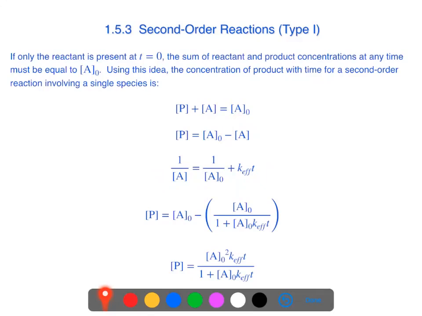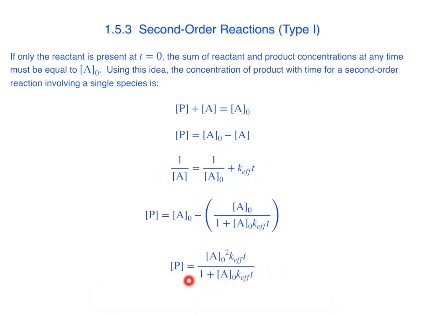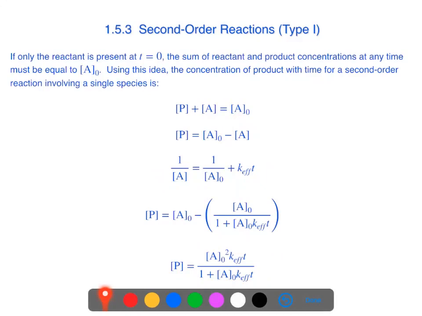Now what we obtain is a little bit more complicated quotient than what we've seen previously, but nonetheless, it shows that the product concentration can be determined at any time t, so long as we know the initial concentration and we know what K effective is.